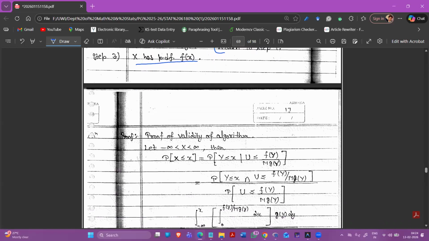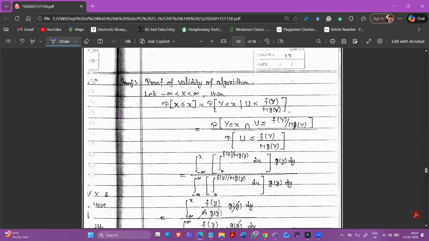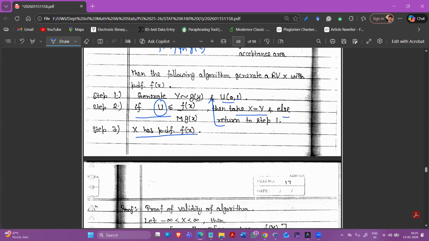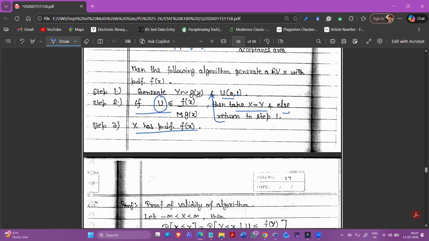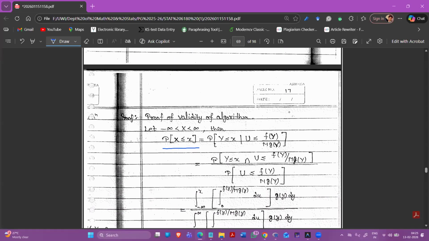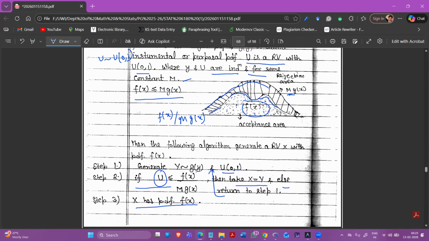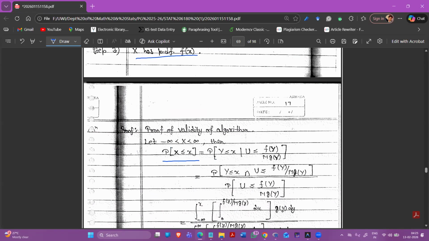In that, there is a proof of this theorem. If I ask you to find the distribution function of x, the marginal CDF of x, that will be the probability that y is less than or equal to x, given that the uniform u is less than or equal to f(y) divided by M times g(y).